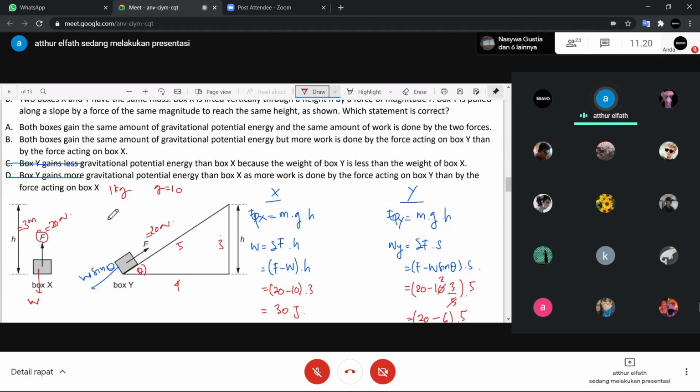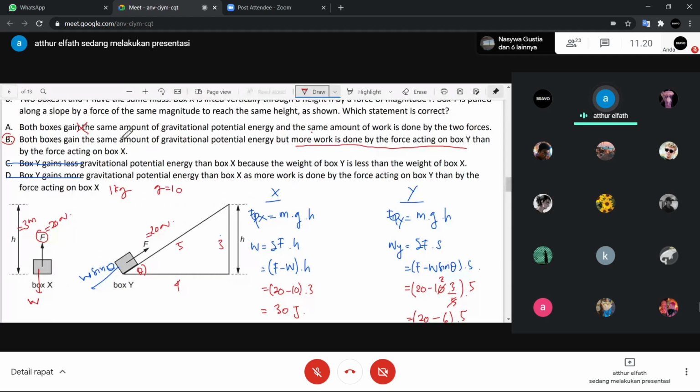This means the statement of option A is wrong, because it said the same amount of work. So the best choice is B: more work is done by the force acting on box Y than by the force acting on box X. This is correct.